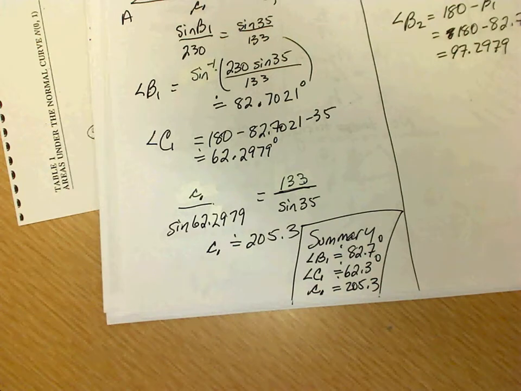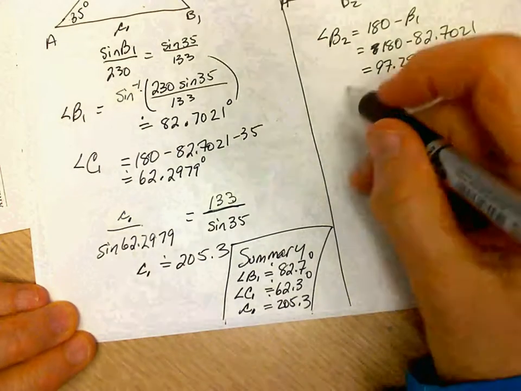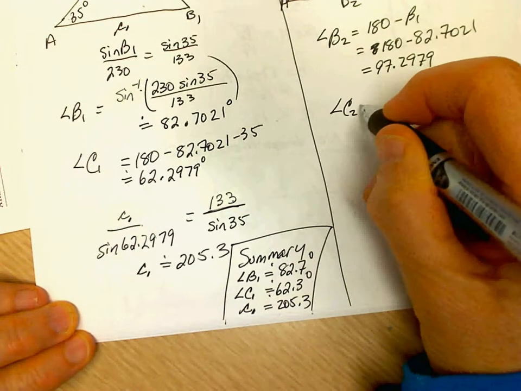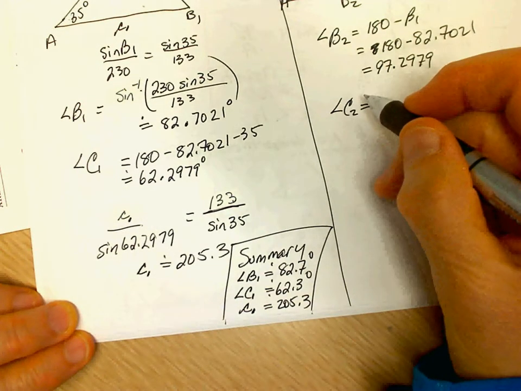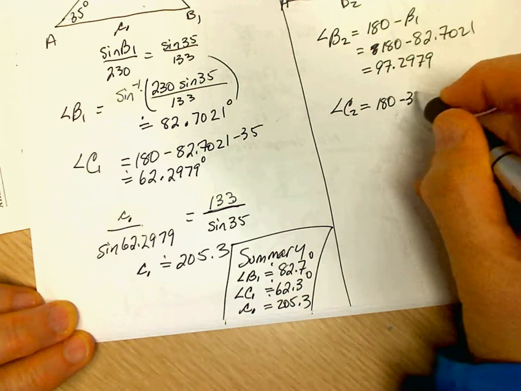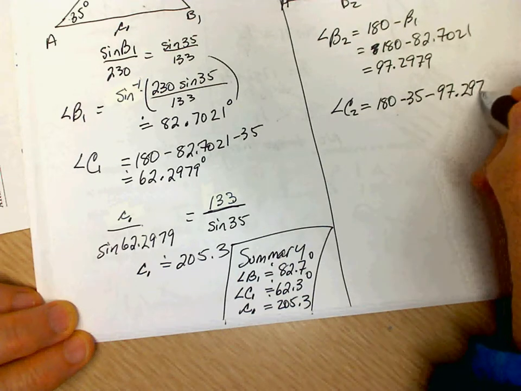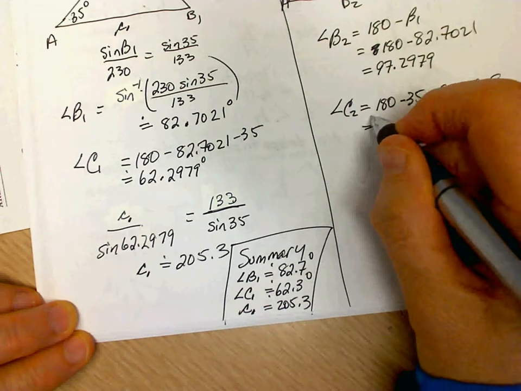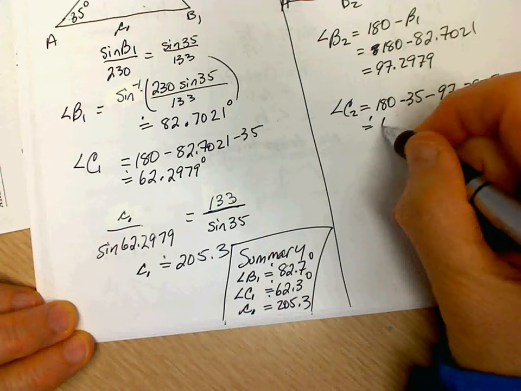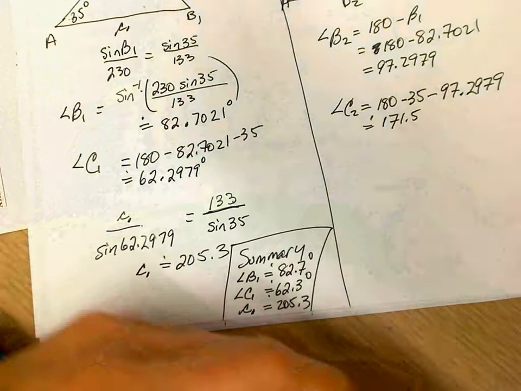So we just have to finish off this one. Angle C2 is 180 minus 35 minus 97.2979, and angle C2 is approximately 171.5. No, don't write that down. Oh, did you write it?